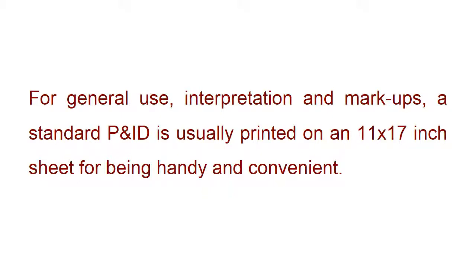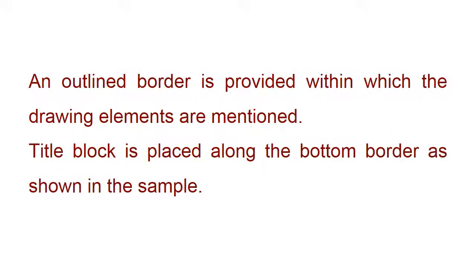For general use, interpretation, and markups, a standard P&ID is usually printed on an 11 by 17-inch sheet for being handy and convenient. An outline border is provided within which the drawing elements are shown. The title block is placed along the bottom border, as shown in the sample.